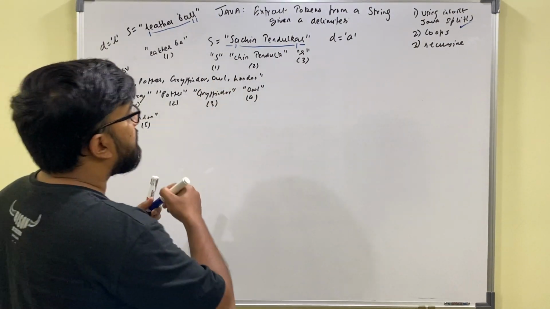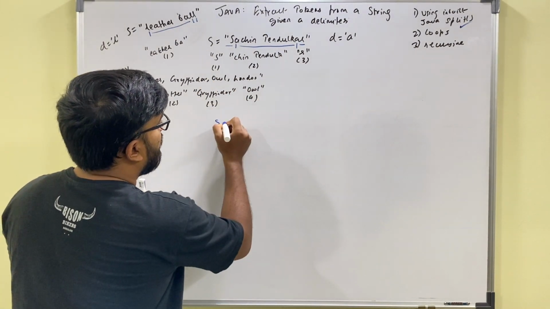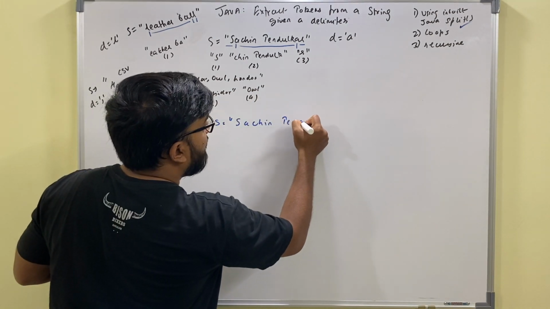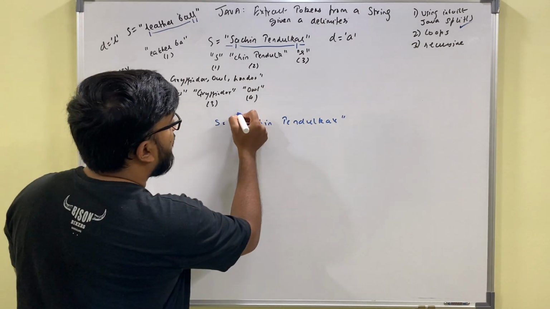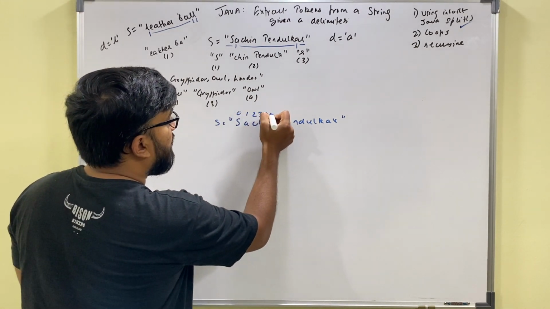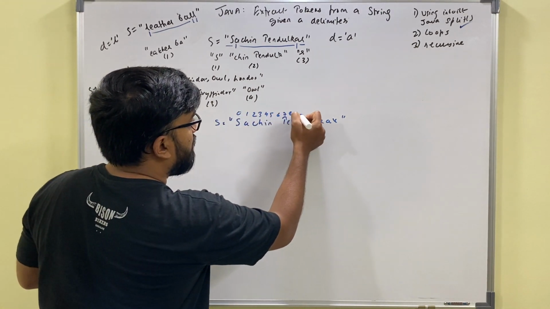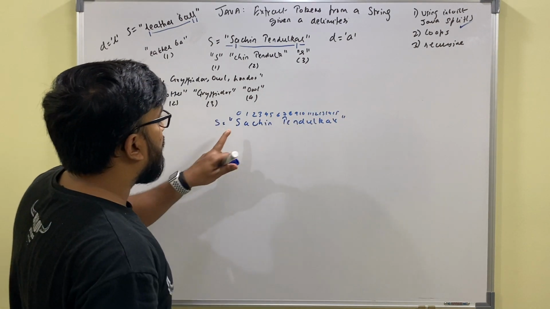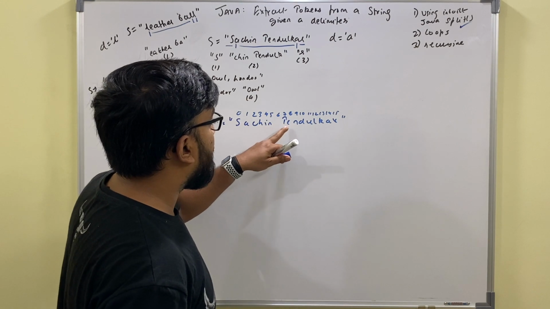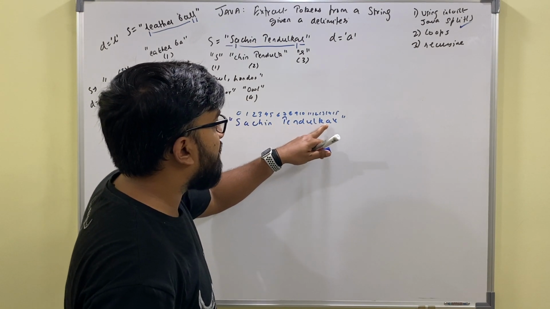I take this string again. I'm writing it with spaces between characters so that I can provide indices correctly to the characters: 1 2 3 4 5 6 7 8 9 10 11 12 13 14 15 16.